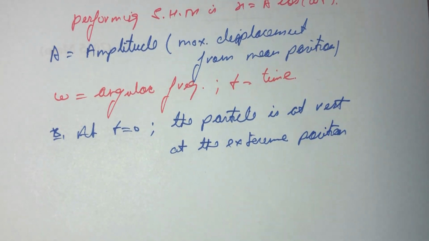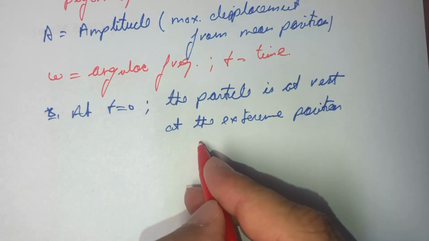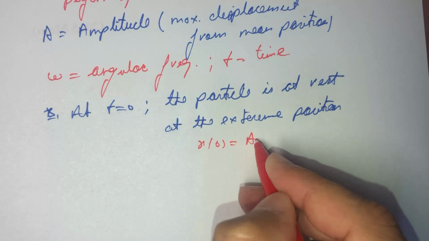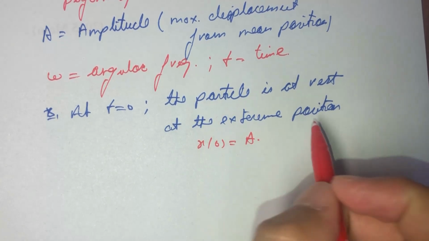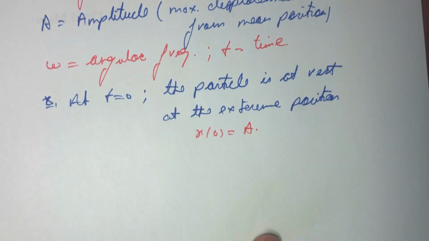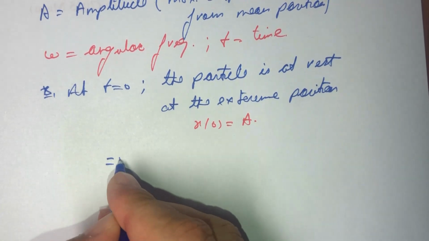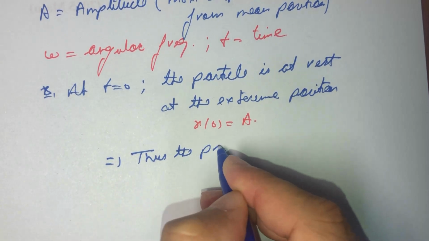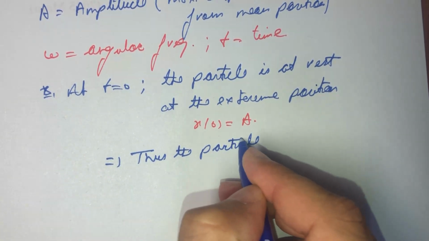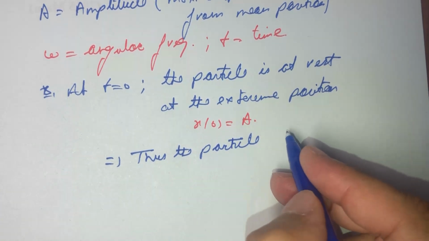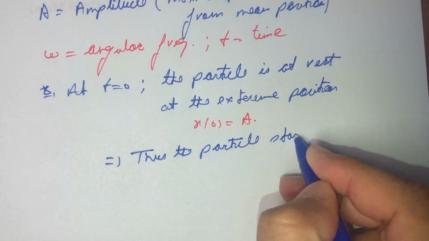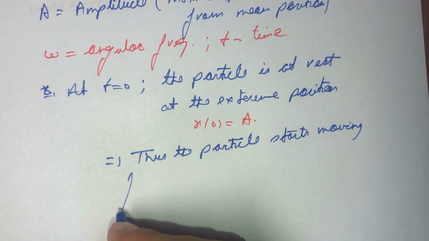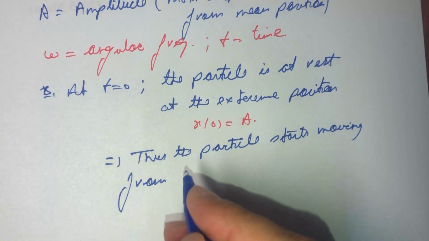So from here we can say that the displacement x at time t equal to 0 will be equal to A. Thus the particle starts moving from the extreme position.